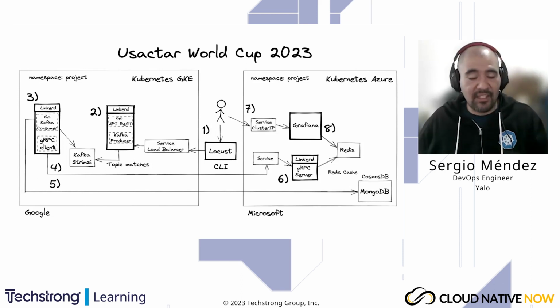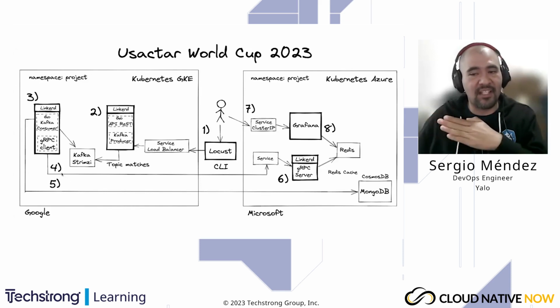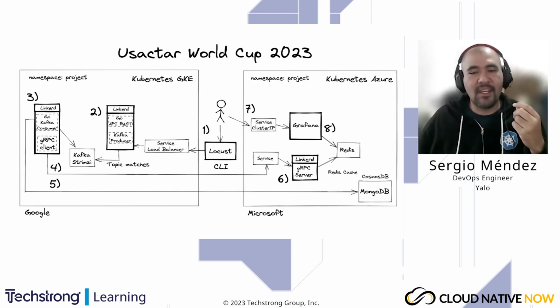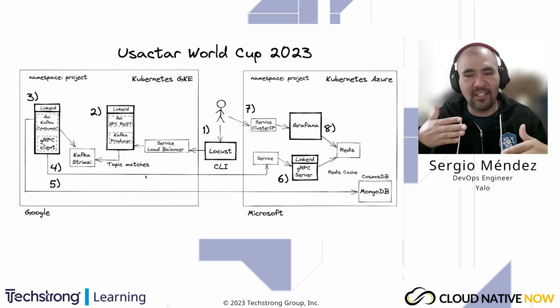This gRPC client is going to get the information captured inside this topic queue on Kafka and send it to a gRPC server in the other cluster. In Kubernetes, it's going to mirror this service in the other cluster, as if we were working in the same cluster, so it's like a multi-cluster connection.